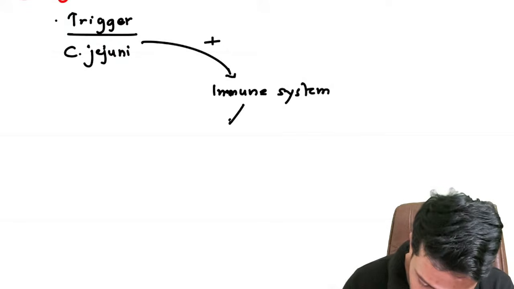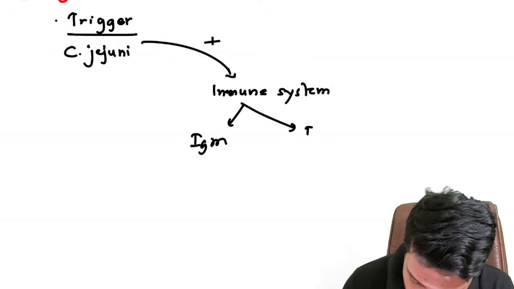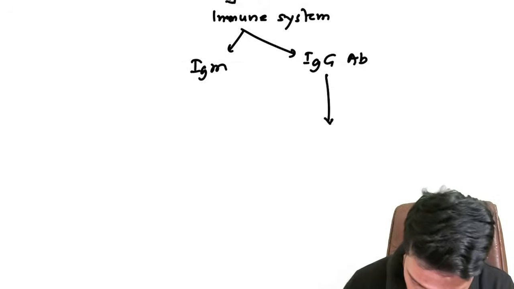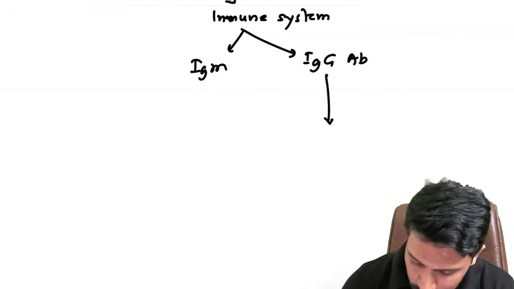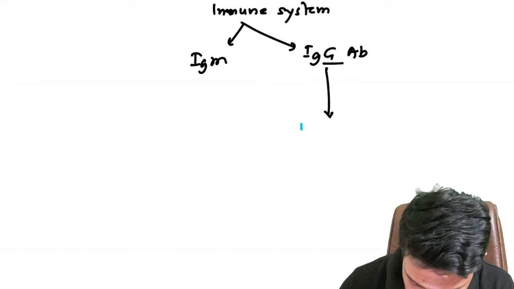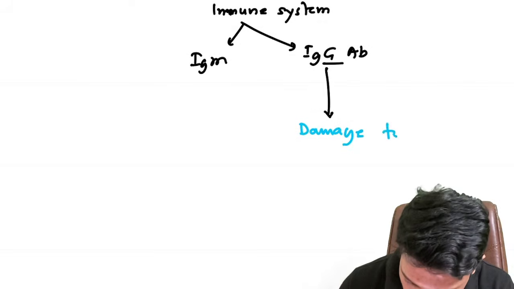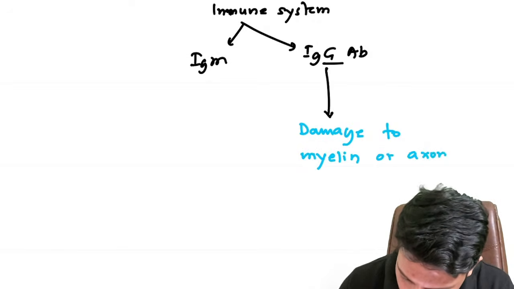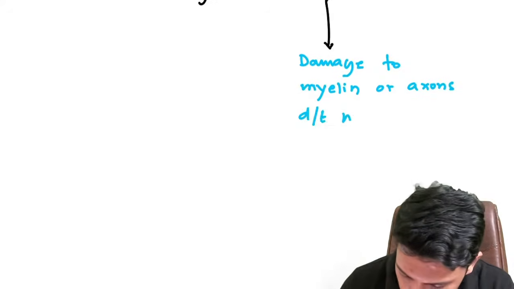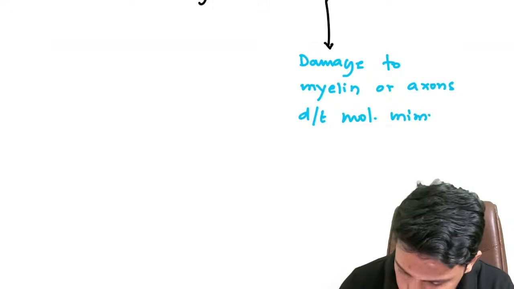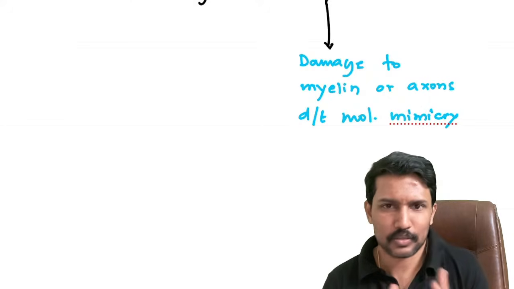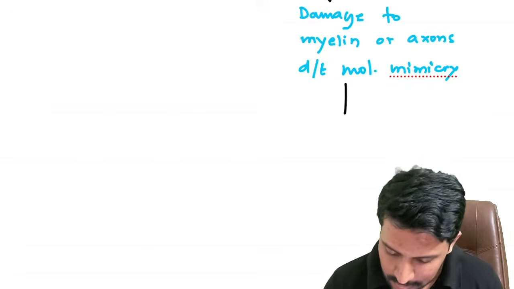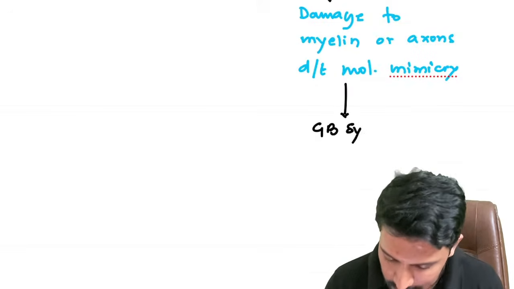So the immune system will produce IgM and IgG antibodies, and it is the IgG antibodies which are responsible for damage to myelin or axons due to molecular mimicry. And once the axons or myelin are damaged, their function is lost, and you start seeing the manifestations of loss of those functions. These patients will now develop what we call GB syndrome.